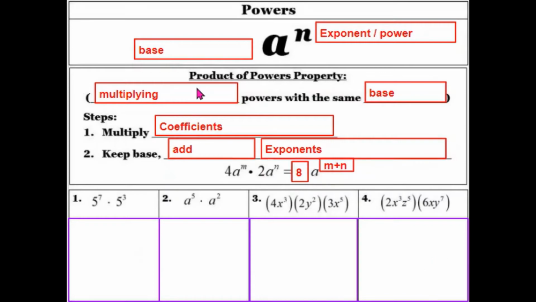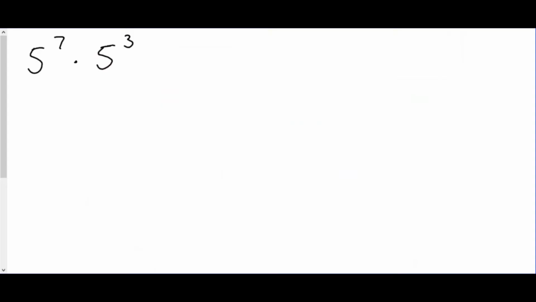Let's try some more examples on paper. So here I have 5 to the 7th times 5 cubed. I don't just want to type this into my calculator. I want to simplify what it is and write it as 5 to a different power. So you can imagine that 5 to the 7th means 5 times 5 times 5 times 5 times 5 times 5 times 5, right? 5 times itself 7 times.